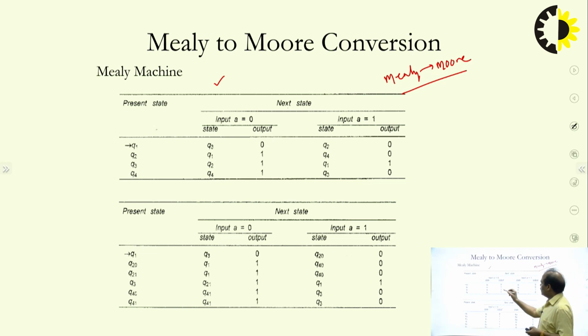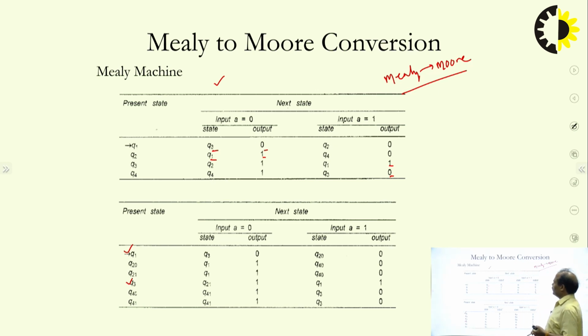We need to look at the next state column. Q3 has only 0 output, and this is also 0 output, so Q3 is not going to be split. Let's see Q1. Q1 has 1 and Q1 has 1, so Q1 is not going to be split. Q1 remains the same, Q3 remains the same.